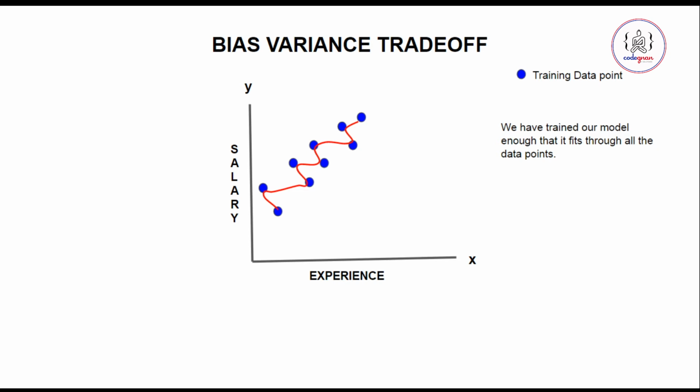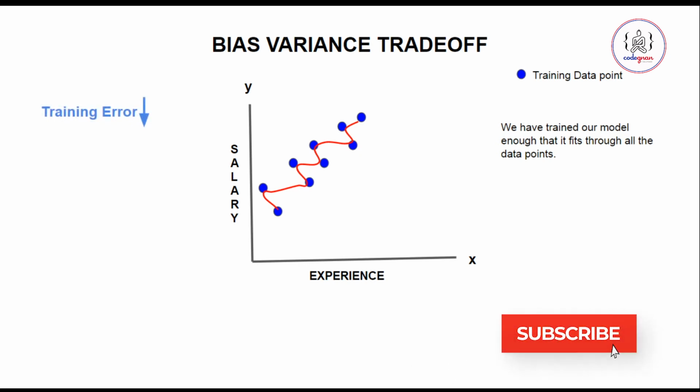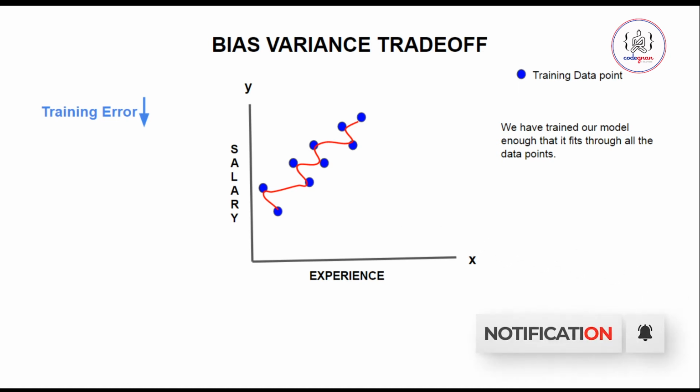So it has memorized all the relationships and values in the training data. We are going to have a low training error because this line passes through each data point.